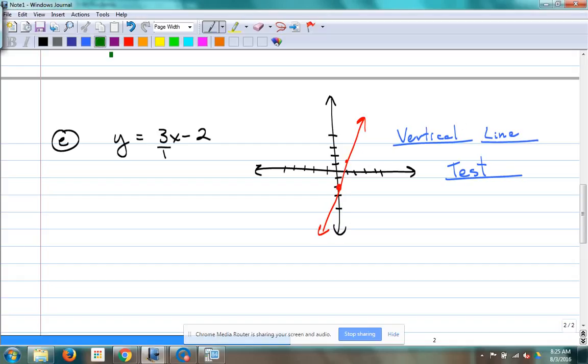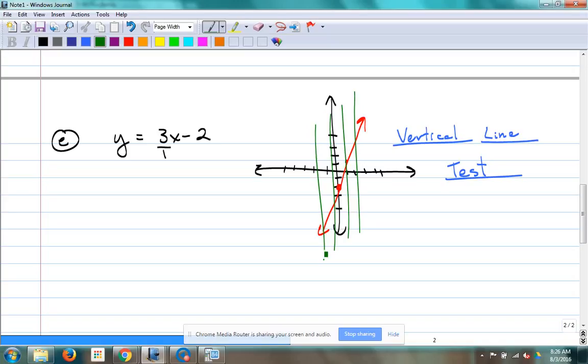And with the vertical line test, what you're doing is you're taking a vertical line and you're placing it all over the graph to try to find a spot where that vertical line hits it twice. If it hits it twice, that means an x value repeated. And then that means, well, it's not a function. So if I try to lay a vertical line on there, I'll draw some on here. There's vertical lines all over the place. Every one of those is only hitting that red line in one spot.